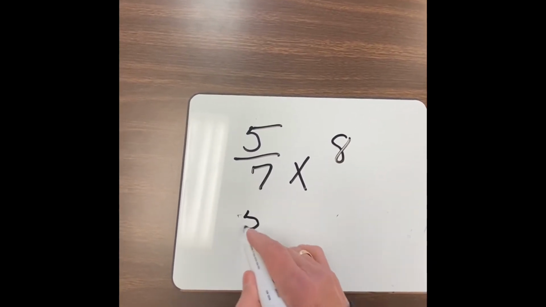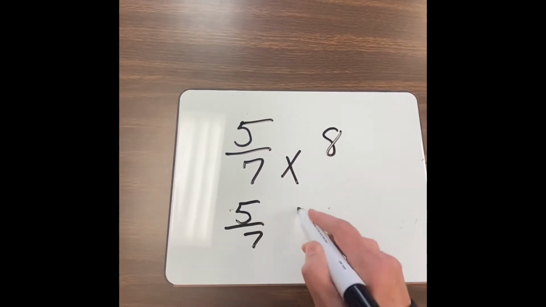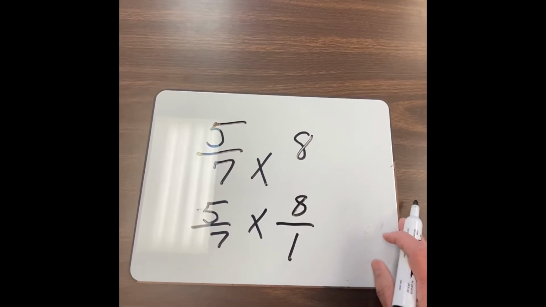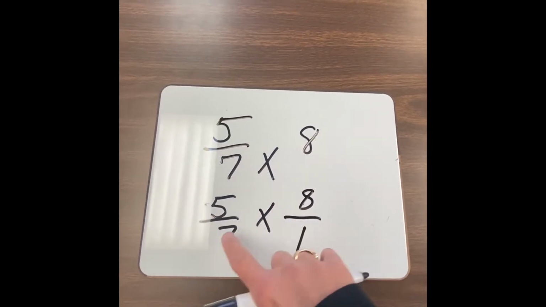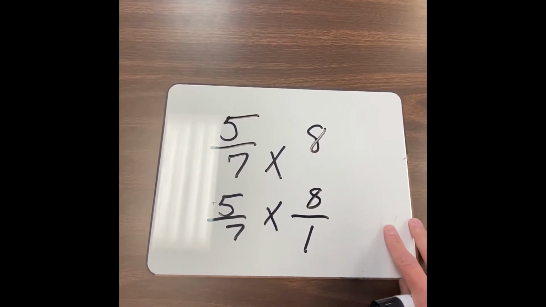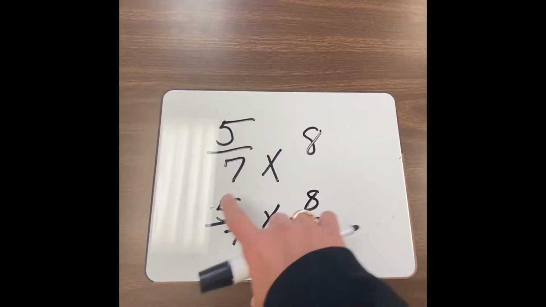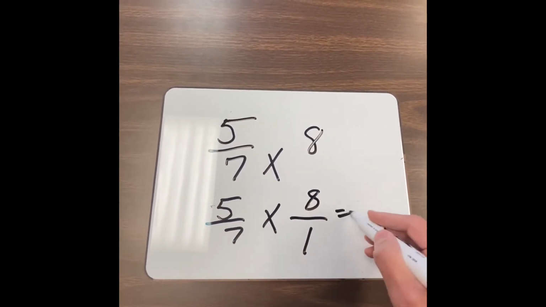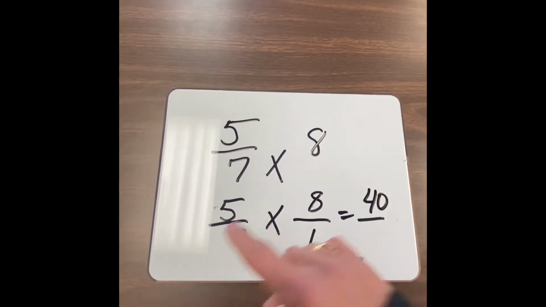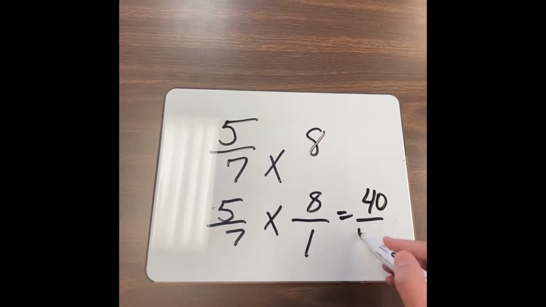So make it 5/7 times 8/1. Okay, nothing on top and bottom can cancel out, can they? So we're just going to multiply our numerators. 5 times 8 is 40, and 7 times 1 is 7.